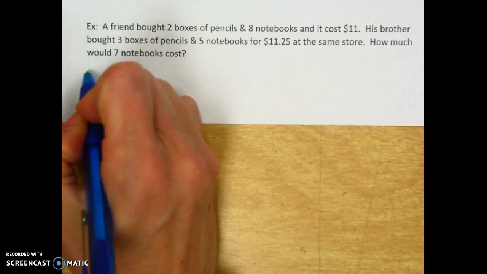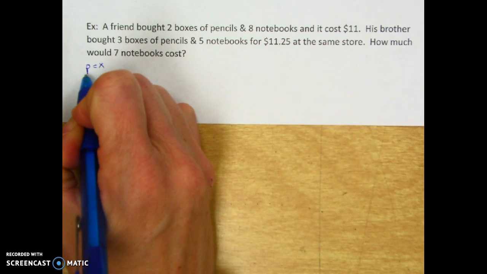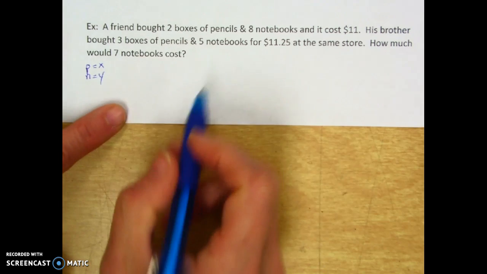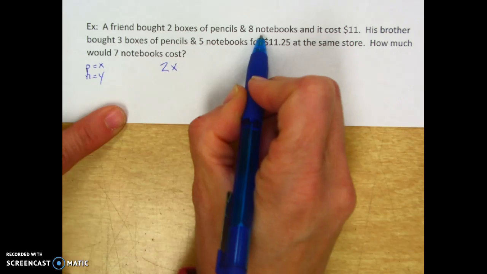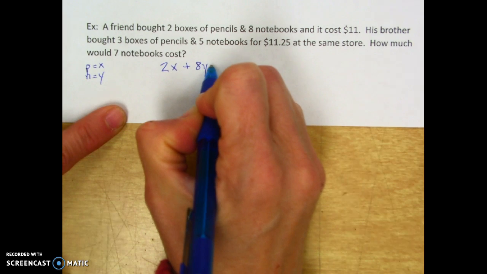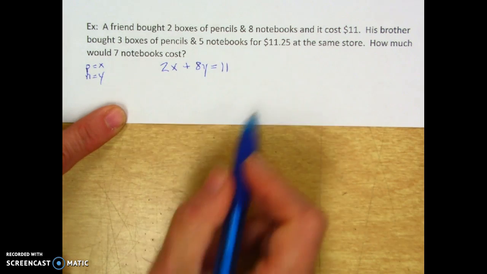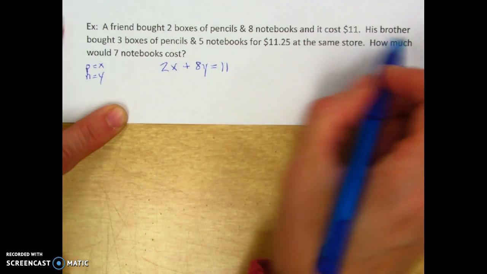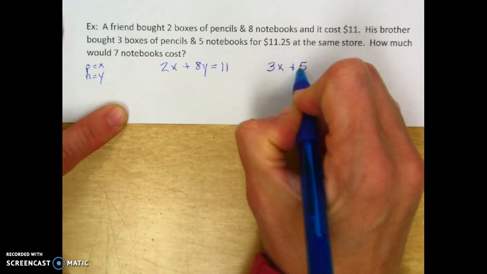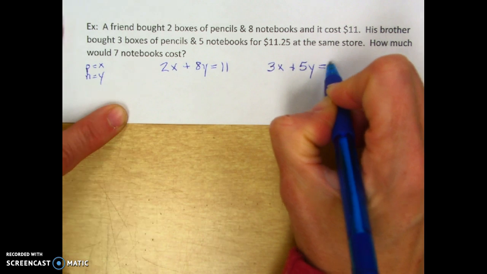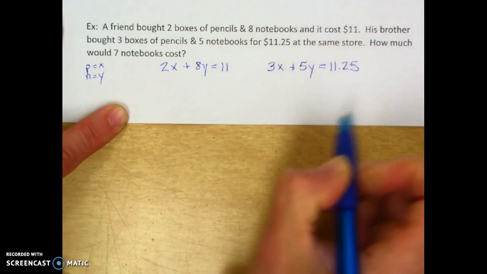So let's say pencils are X and notebooks are Y. So 2 boxes of pencils, 2X, plus 8 notebooks, 8Y, is $11. And we'll have to solve this for Y. 3 boxes of pencils, so 3X, and 5 notebooks, so 5Y, equals $11.25.